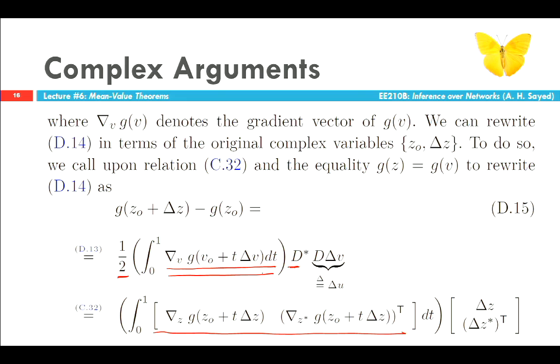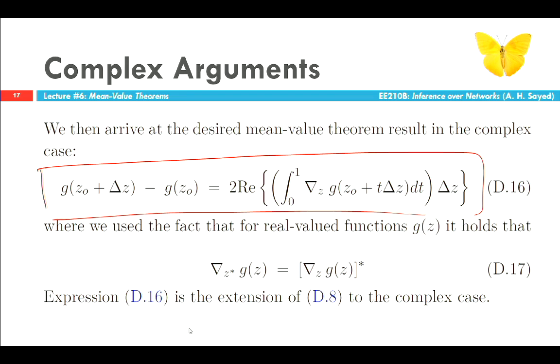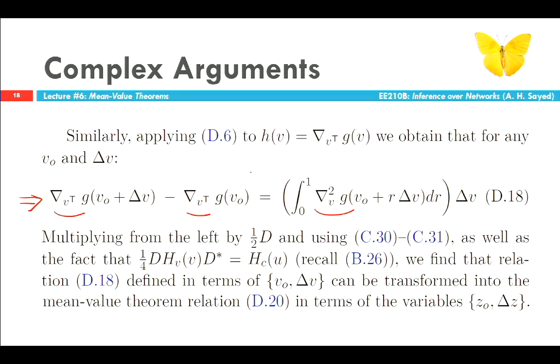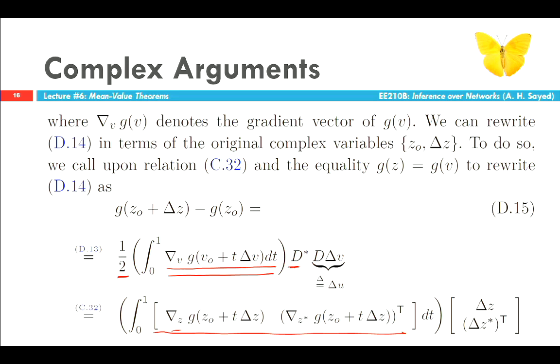Gradient relative to v. Follow this. Each one of the gradients relative to v, okay, let me do it slowly. If you go here, if I multiply by d star from the right, times 1/2 here, each product, the gradient relative to v times d star times 1/2, will give me a relation like this: gradient relative to z, gradient relative to z star.